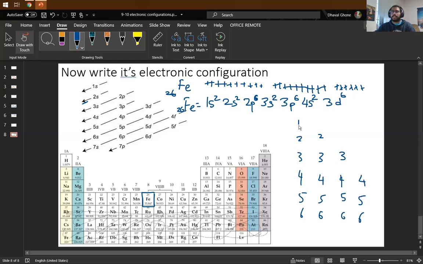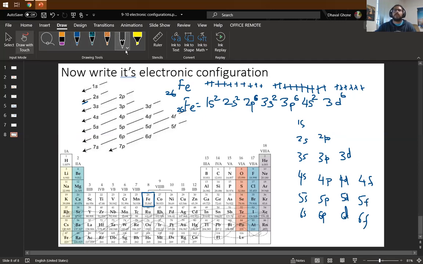The entire first row you just call S. The entire second row you call P. The entire third row you call D. And the entire fourth row you call F.